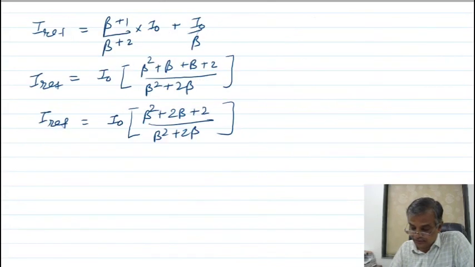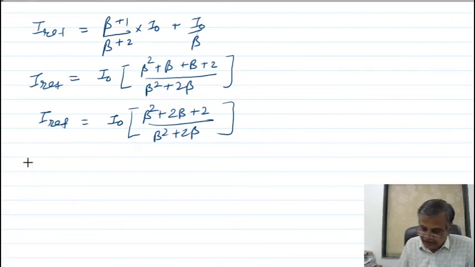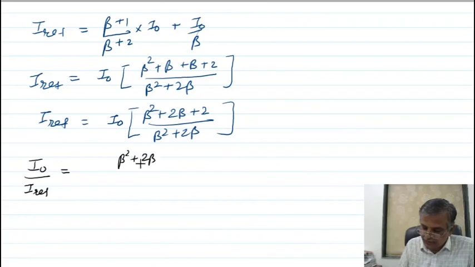You can show it like this. I0 upon I reference is beta square plus 2 beta upon beta square plus 2 beta plus 2.